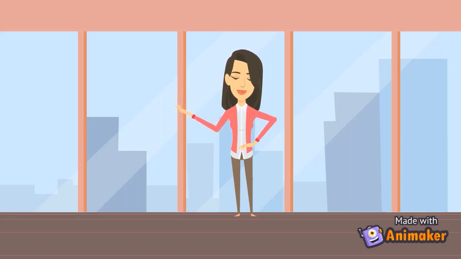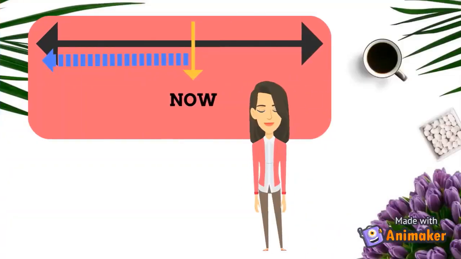So, are you with me? Are you ready to learn simple past tense? Let's get started. As you can see, I have shown you a time frame. And here is the word now. Everything that happened before now is in the past.